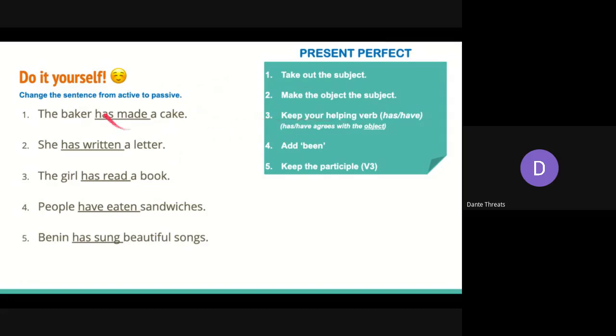All right. So that helping verb is has. All right. We're going to then add been. All right. And then keep the participle. Okay. I will give you just a few minutes to practice changing these sentences from the active to the passive voice.